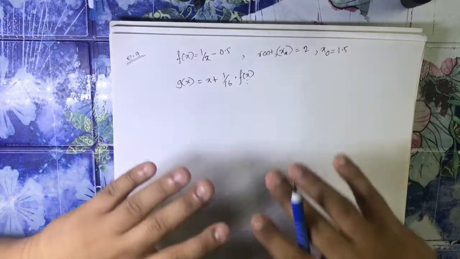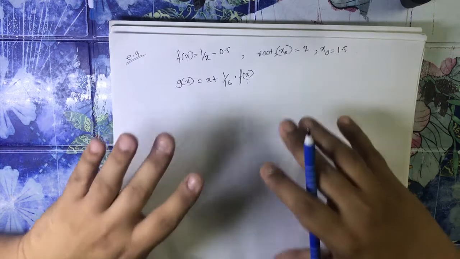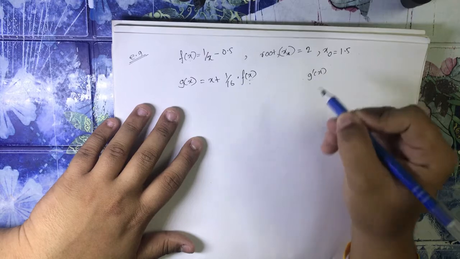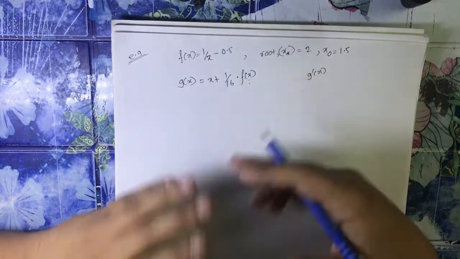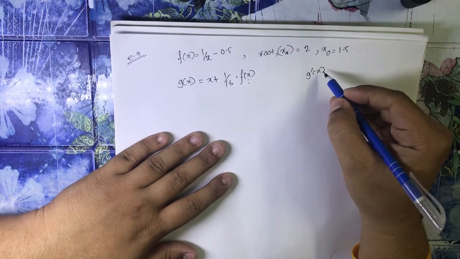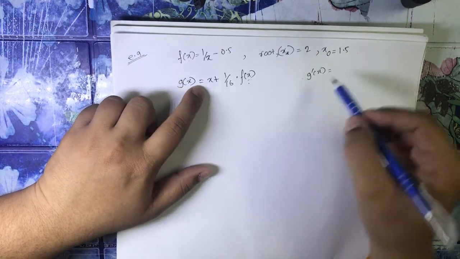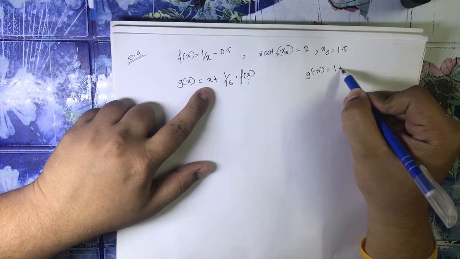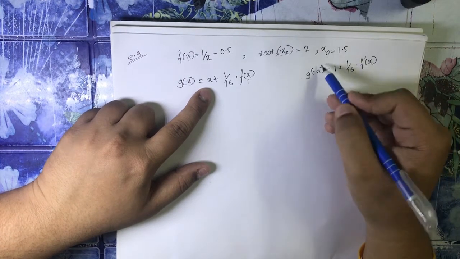Before I move on to the math, I just want to see how my convergence is. We use g prime of x to find the value of lambda, which shows us how the convergence of the whole iteration will be. g prime of x is equal to 1 plus 1 over 16 into f prime of x, the first derivative.